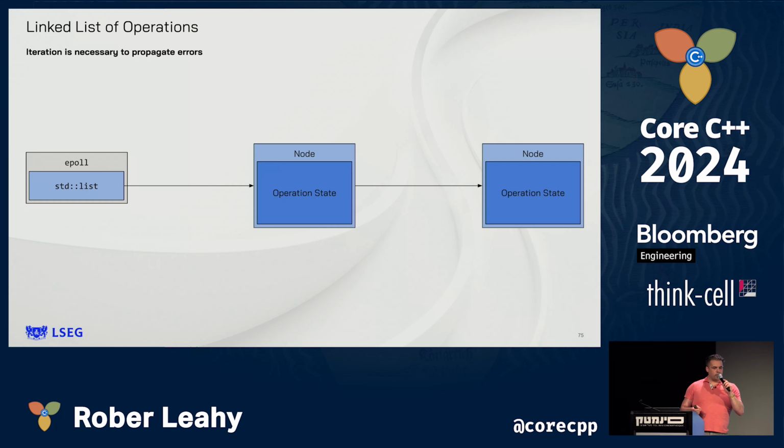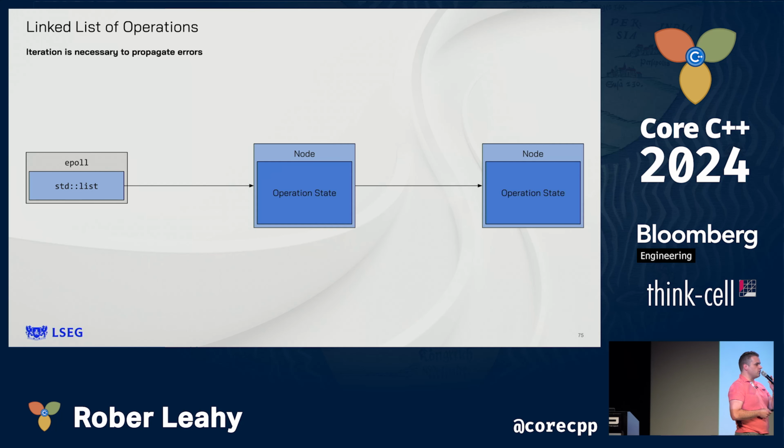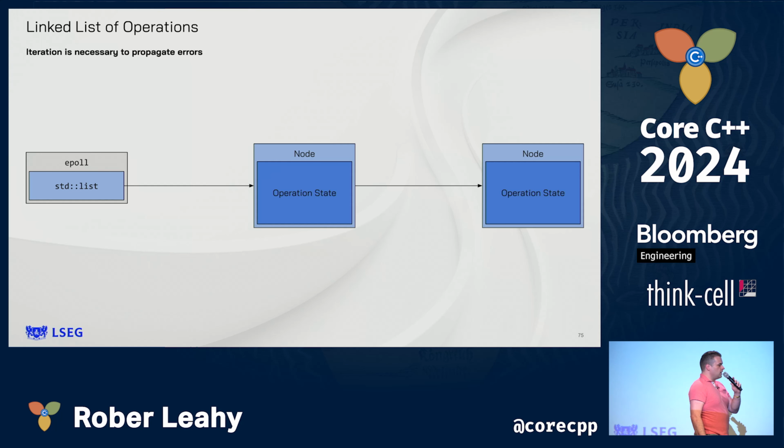And in fact, this property of senders and receivers, that the operation state's lifetime is managed by the person who calls connect, is one of the powerful elements of the structured concurrency it brings us. And so I can leverage that. I can take advantage of structured concurrency for the first time in this talk directly and flip this model on its head to do bookkeeping about our outstanding operations.